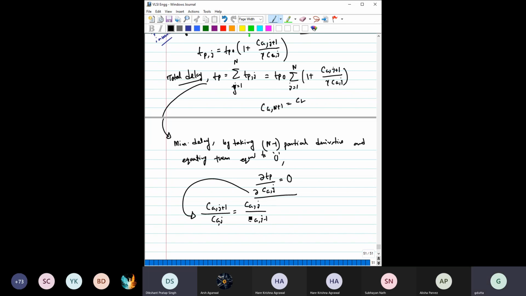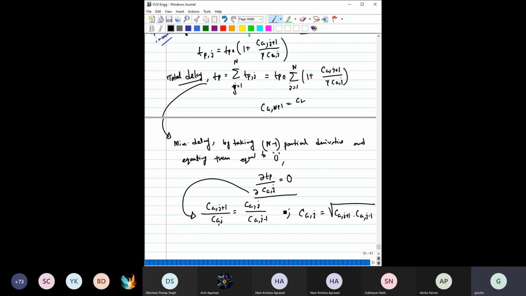Only the term associated with this would remain. So from here you can see CGJ plus 1, this is just one simple thing, I think once you understand, you will remember it for lifelong.